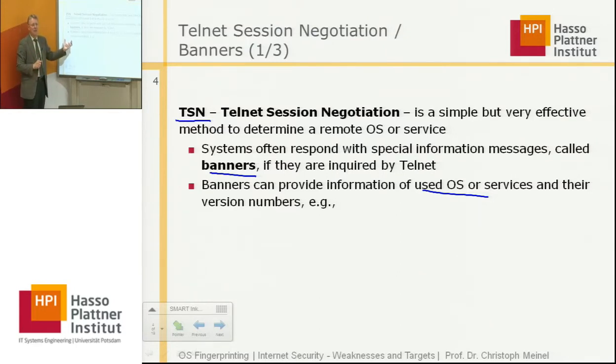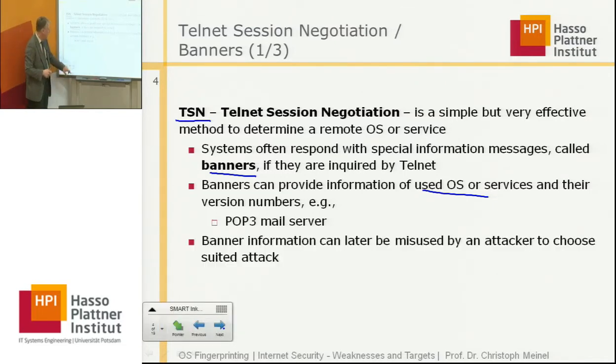But for attackers, this is a possibility to collect data about the remote system. For example, someone can see from such banner information what POP3 mail server is used. So the banner information can later be misused to prepare an attack.